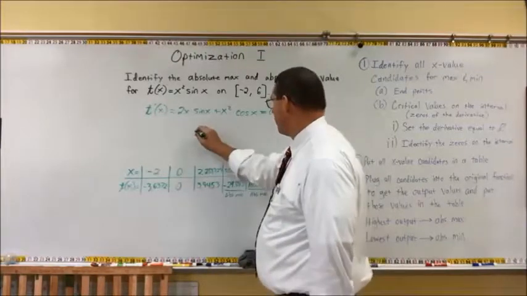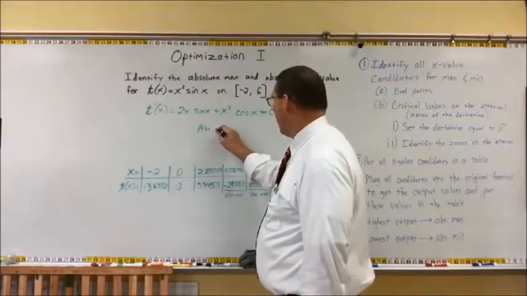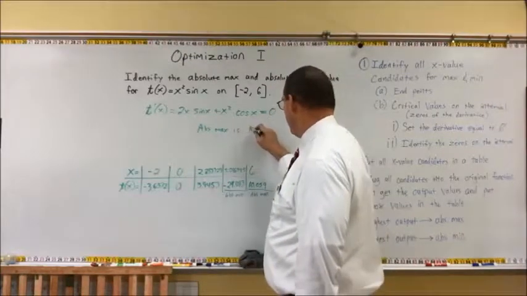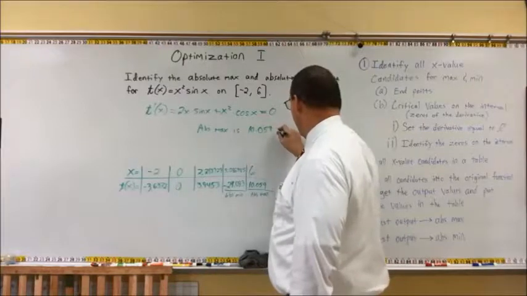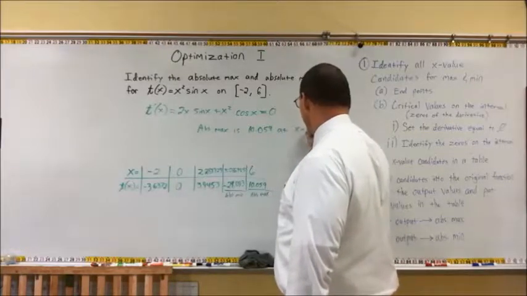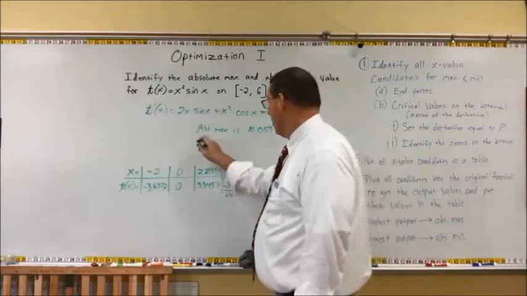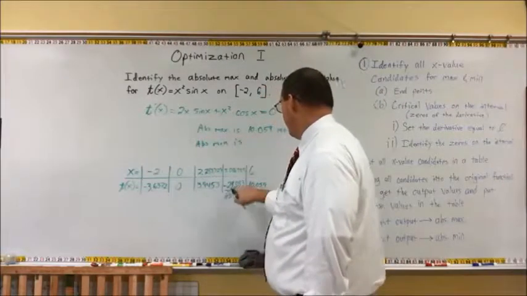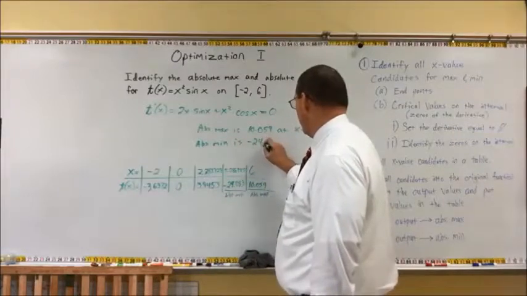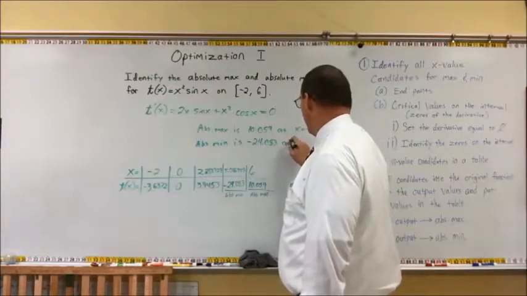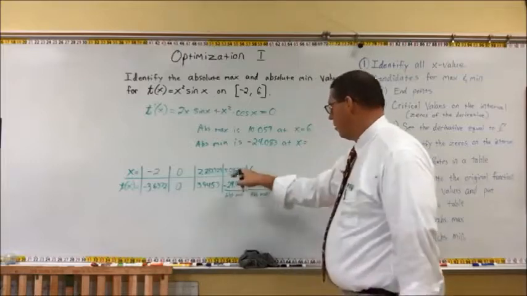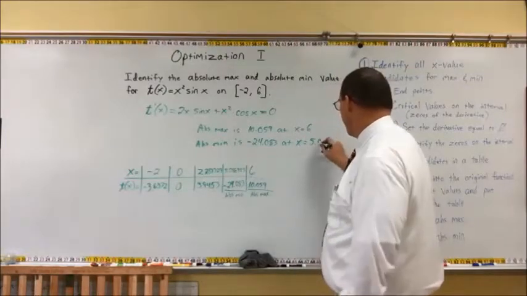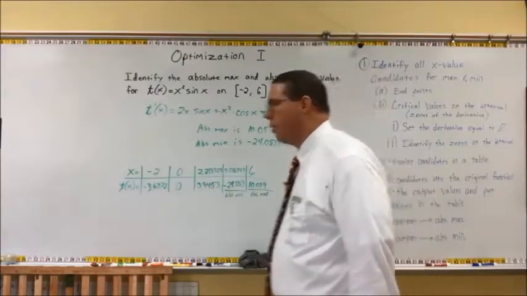And so I'll say that the absolute maximum is 10.059 at x equals 6. That's an endpoint. Then the absolute minimum is -24.083 whenever x is 5.087.